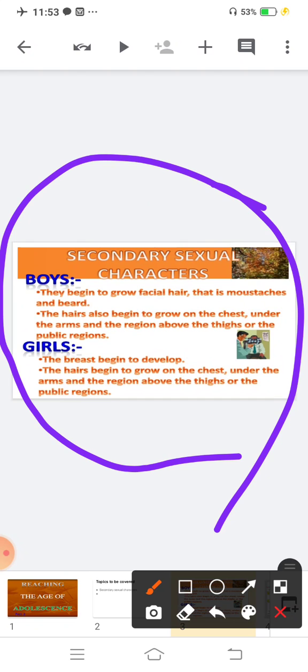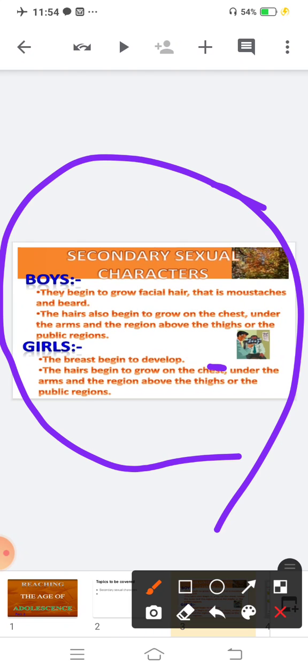Now, what are the secondary sexual characters in girls? The breasts begin to develop, and hair begins to grow under the arms and in the region above the thighs, the pubic region.